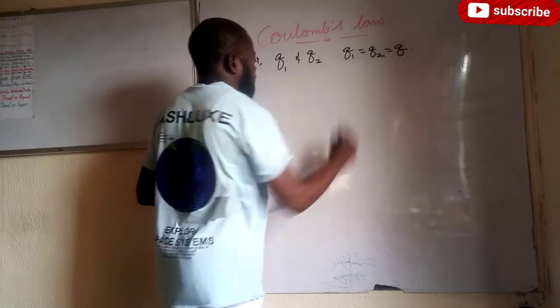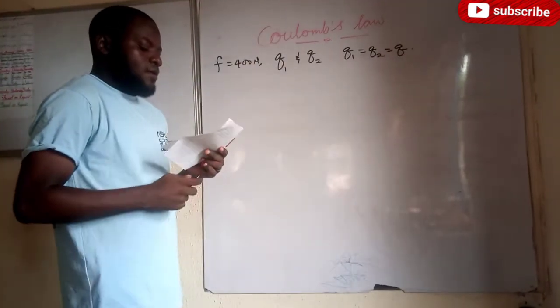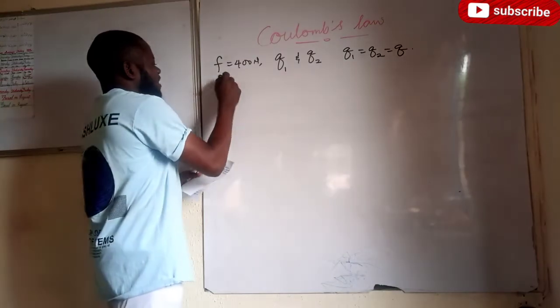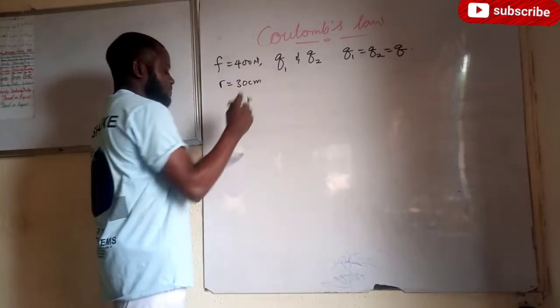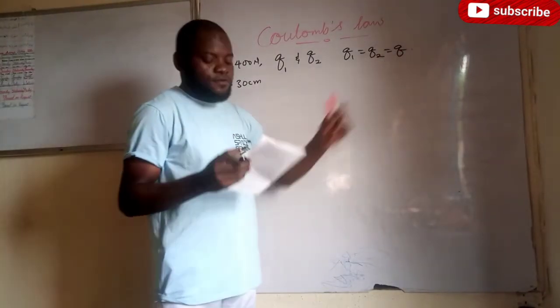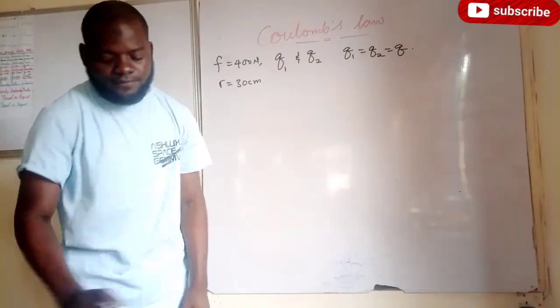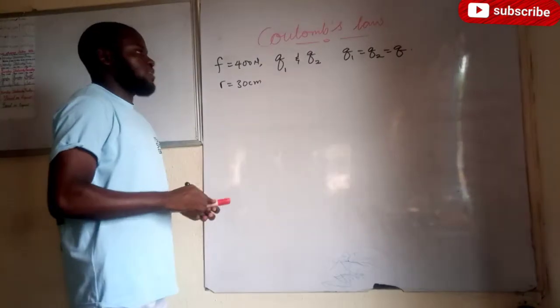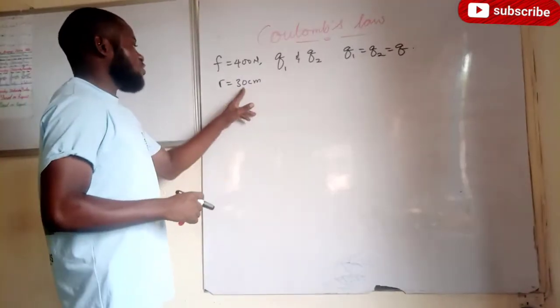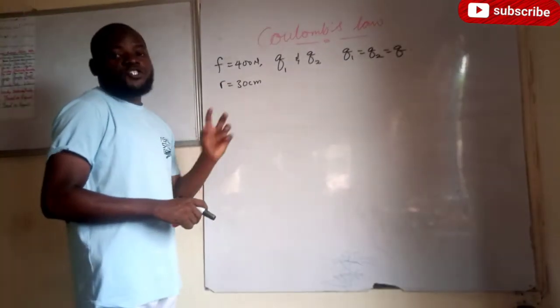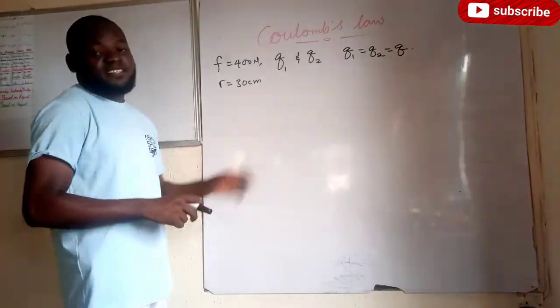Let me say equal to Q. Okay? Cool. And the distance between them is 30 centimeters, and we are looking for the value of the two identical charges. How do we go about that? Before we go on, the first thing I would like us to do is to convert this R to meter because it's in centimeter.